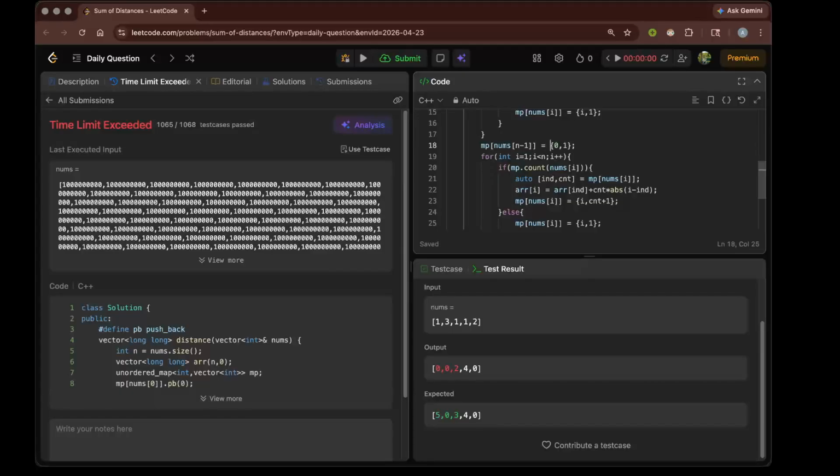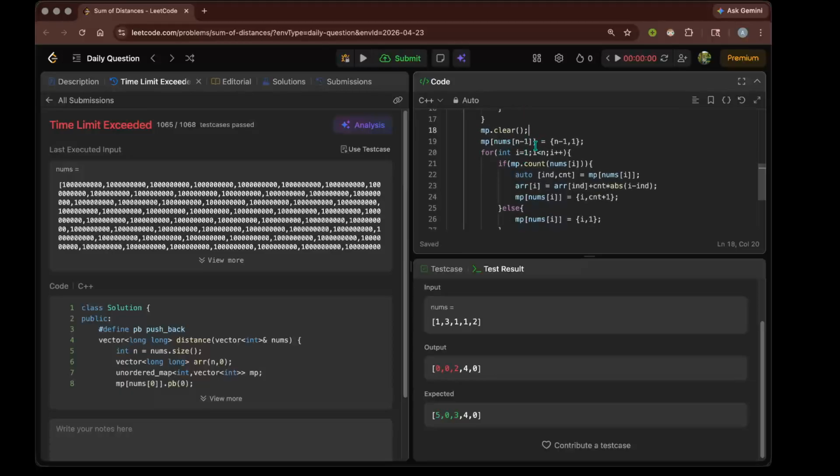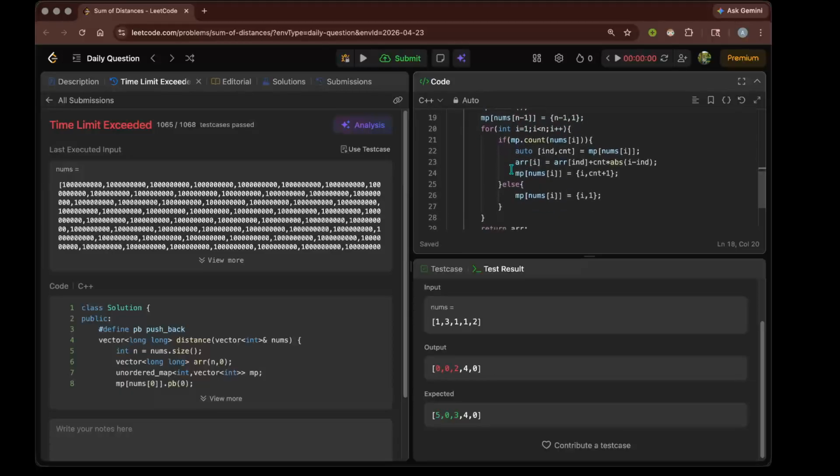For the n minus one element, we require the n minus one index and obviously one count. And clear that first, because previous elements were there, but we need a new fresh one to be put in nums. Then we count it, whether it's found or not.